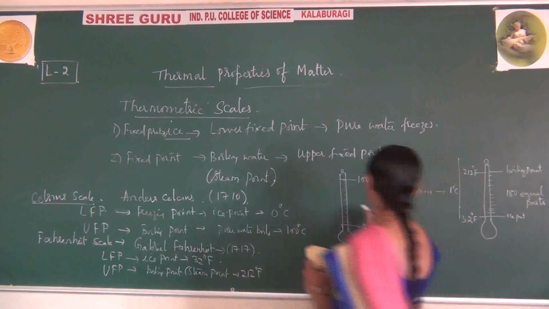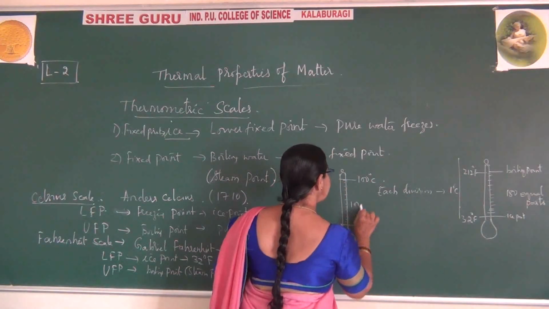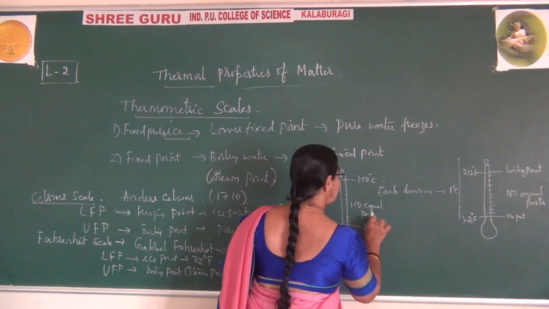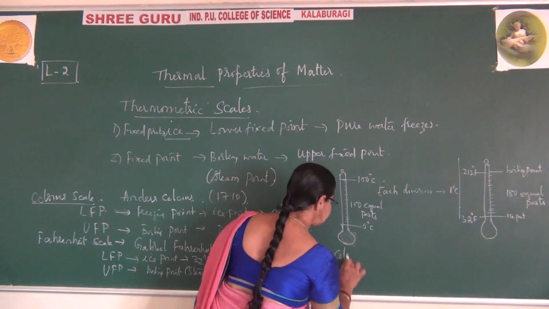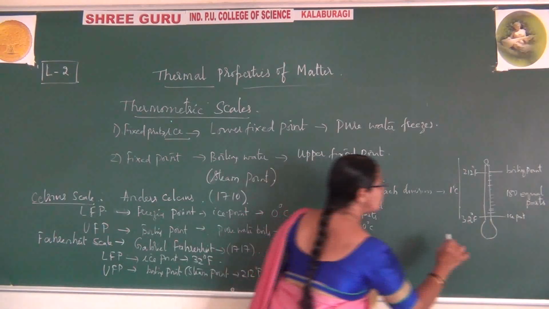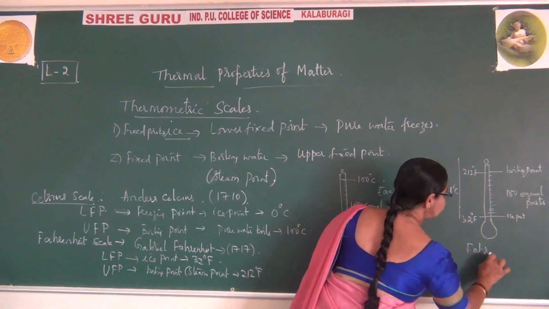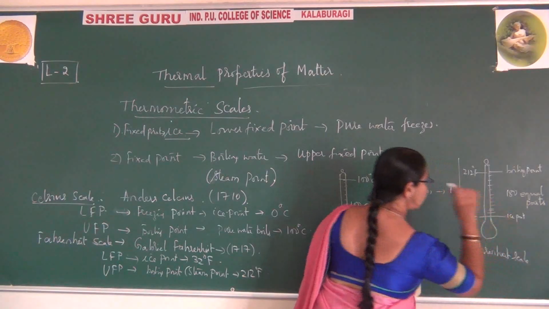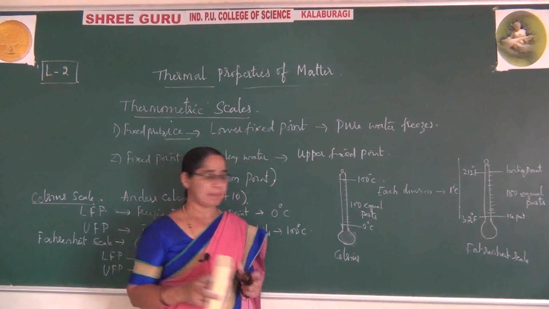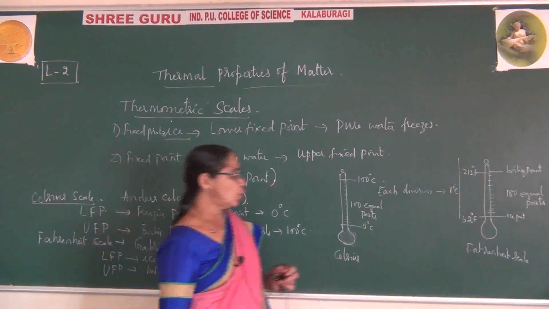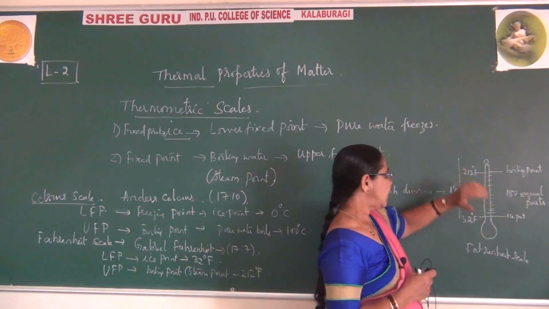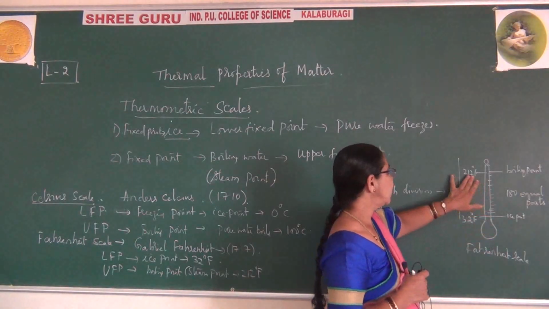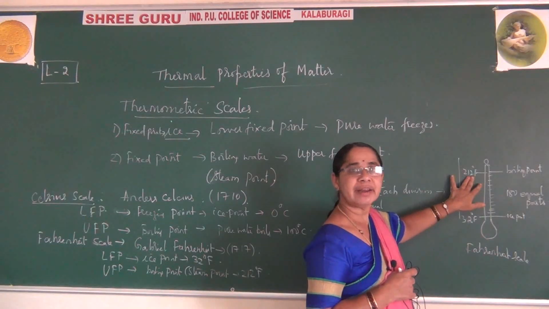But in this scale, it was 100 equal parts. This is the Celsius scale. This is the Fahrenheit scale. Right? 180 equal parts there. So observe here, the ice point in his scale was 32 degrees Fahrenheit, and this was 212 degrees Fahrenheit.